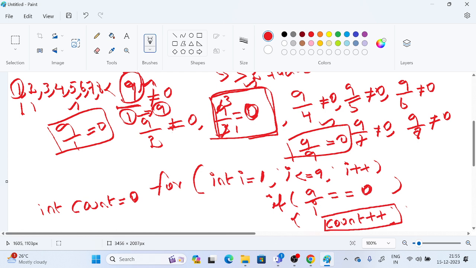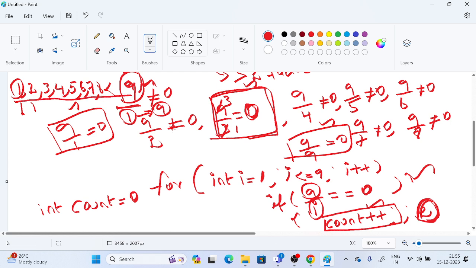If the count value is 2, then the number is a prime number, right? If the count value is not 2, then the number is not a prime number. Right? Because a prime number can have only 2 factors. This if condition will execute only if the given number is perfectly divisible by the numbers that are sequentially executed from 1 to 9.